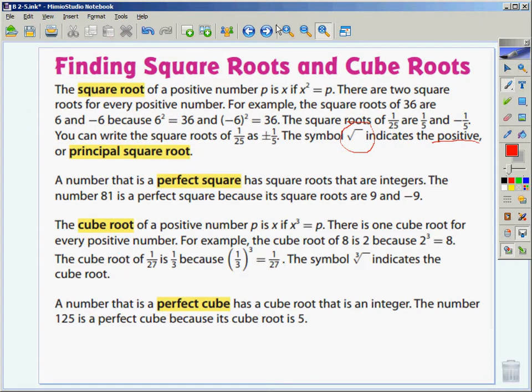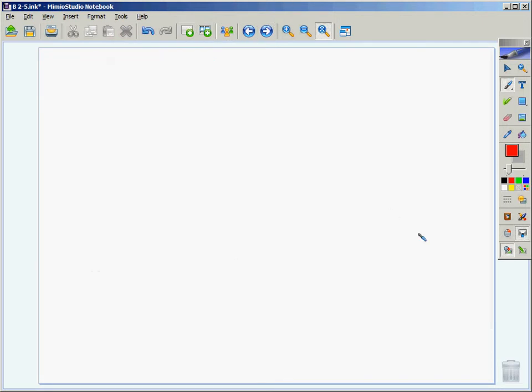So, with that being said, working with square roots, it's important that you know a list. You're not going to find it there. What is 1 squared? 1.